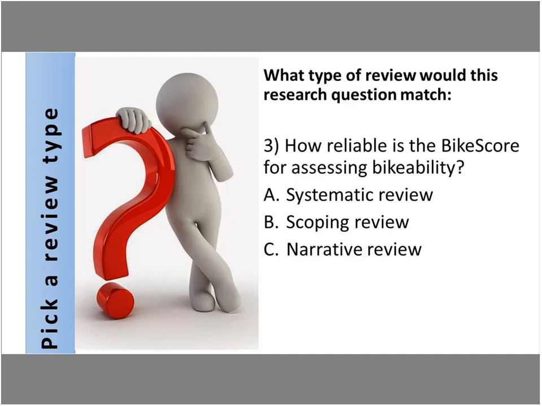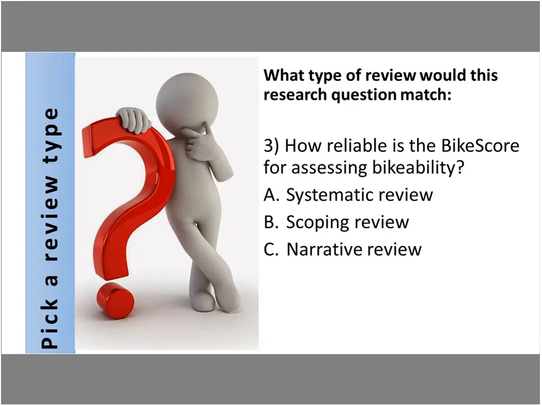And then as the student started collecting things, she found out that there were many other types of assessment, and she wanted to include more and more. And then we got to the point where we felt like it was really on the line in between a scoping and a systematic review.